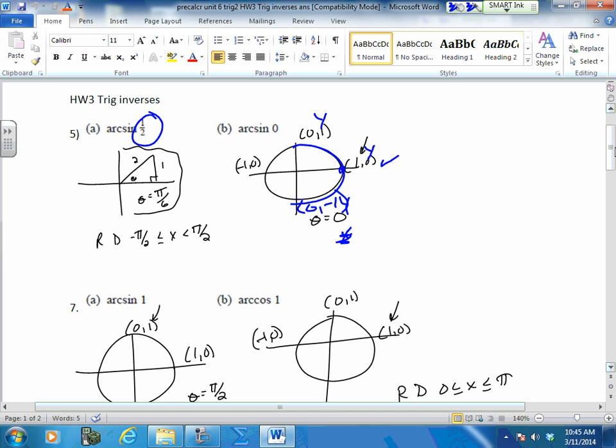So what degree is that right there? 0. Either 0 degrees or 0 radians, whichever one you choose to write. And check it in your calculator. Arcsine of 0. Remember, your calculator gives you the restricted angle, so it's got to give you the right one. I said yesterday you could kind of even cheat on this because you can put it in your calculator and then locate it on your graph. You can do that.